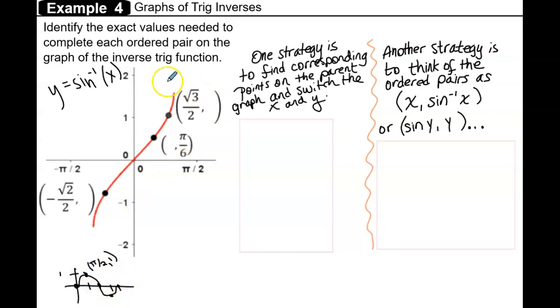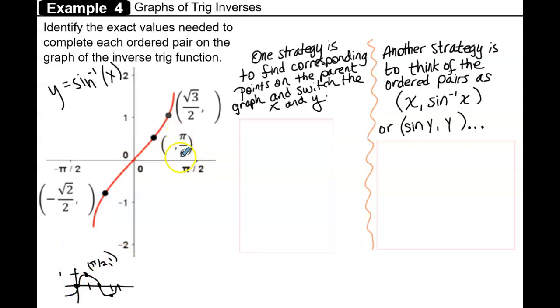But we're looking a little closer here. It's like we're zooming in on just this section of our sine curve. So we're looking for these values in between negative pi over 2 and positive pi over 2, and switching our x and y.